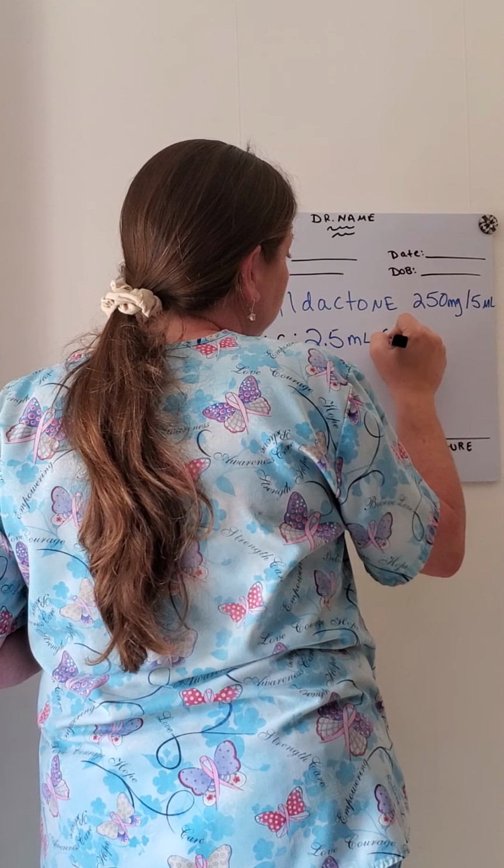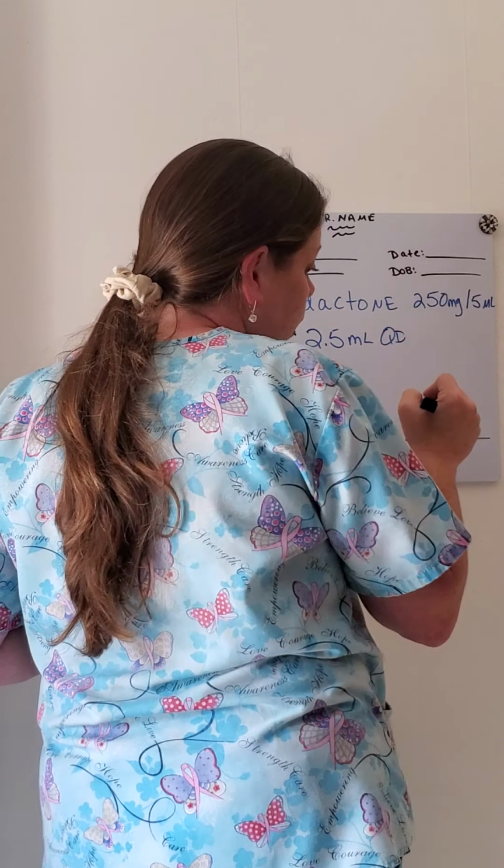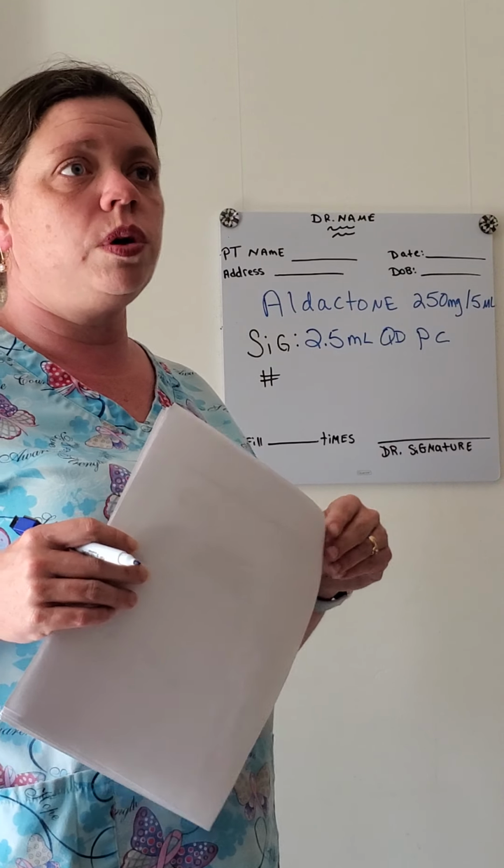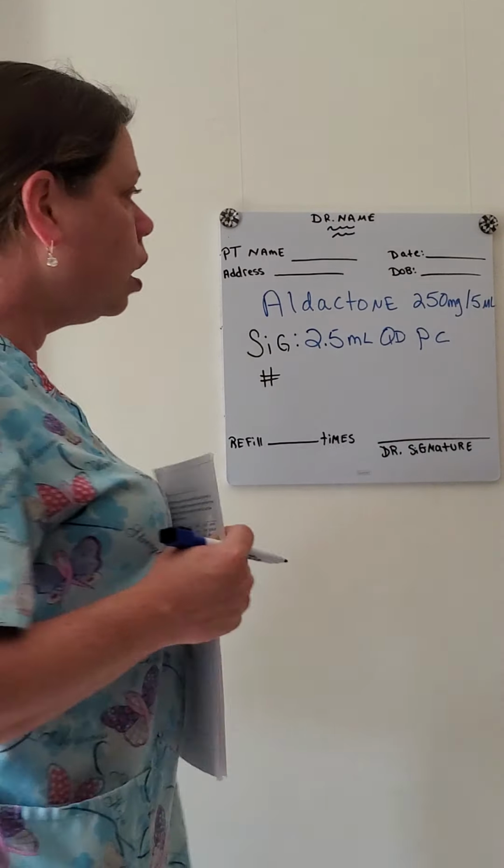QD, right? PC. PC is with food or after meals. The definition for PC is usually after meals, which in this case is how we would write it to say with food.